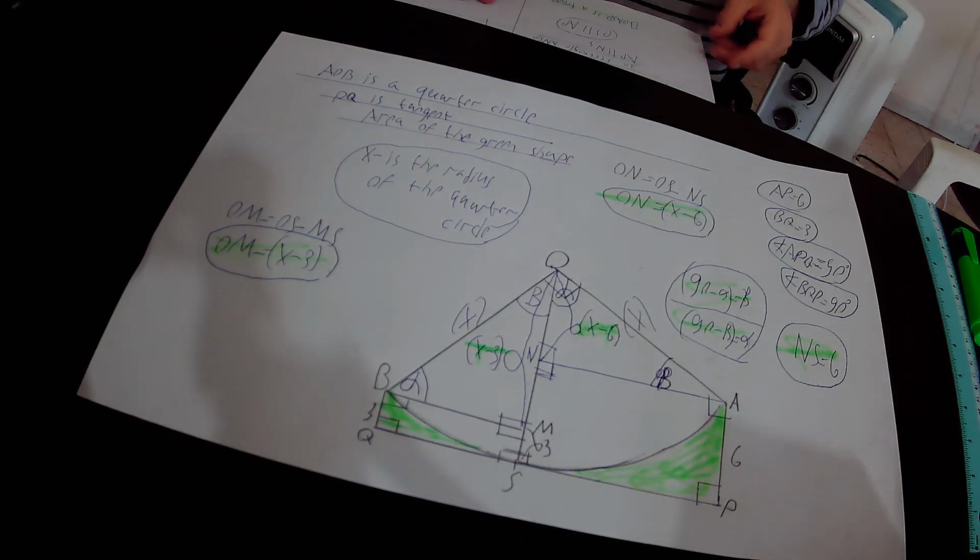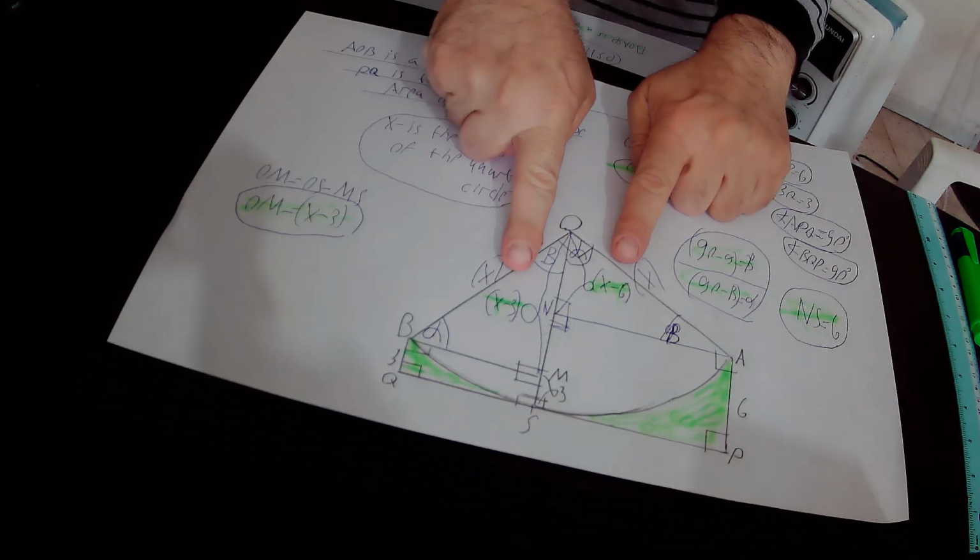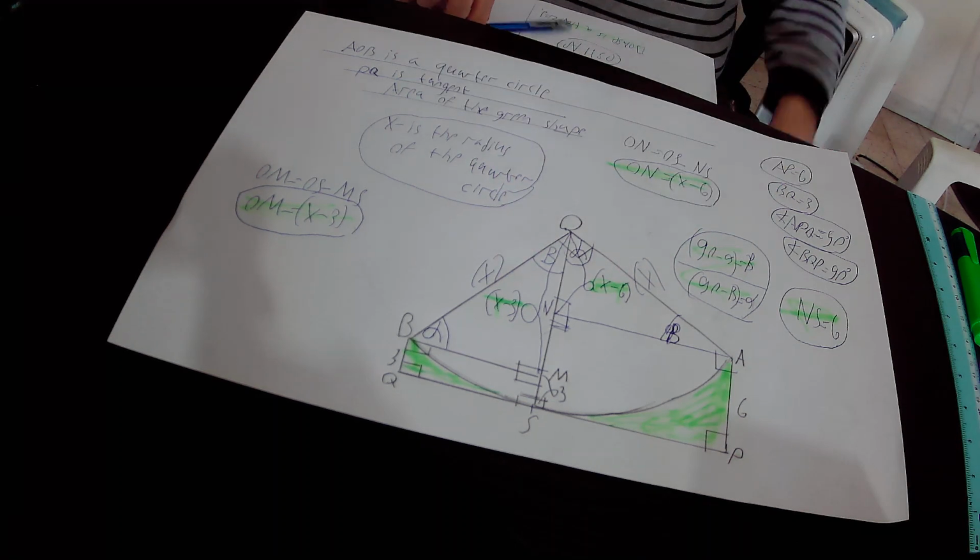We actually proved that those two right triangles can go into each other according to the angle side angle rule. So I write it down.